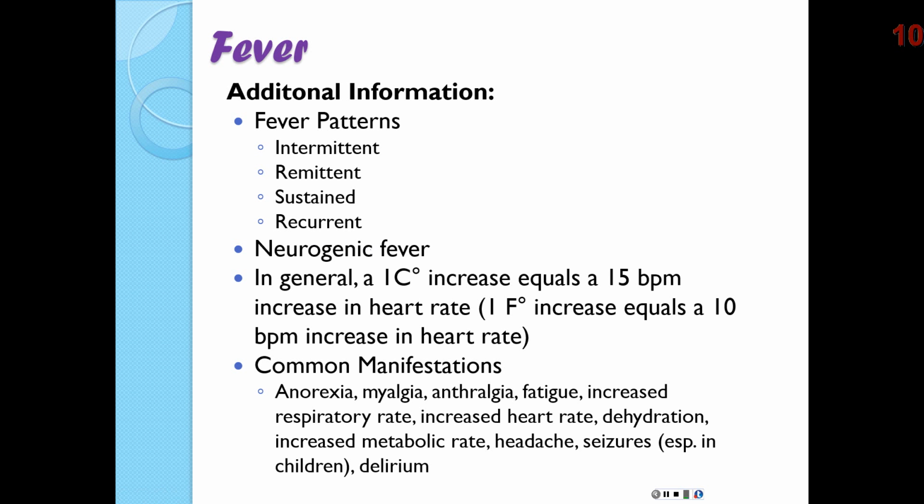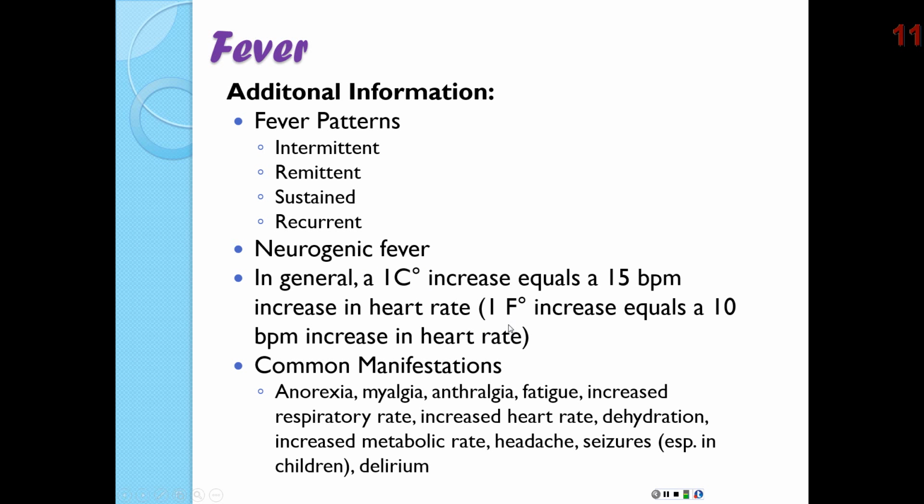Neurogenic fever is fever that's caused by damage to the hypothalamus. So that's where that actually is occurring. So that's a brain injury issue. In general, we can say a 1 degree Celsius increase is equal to a 15 beat per minute increase in heart rate. So if you're not comfortable yet doing temperatures in Celsius, look at Fahrenheit.